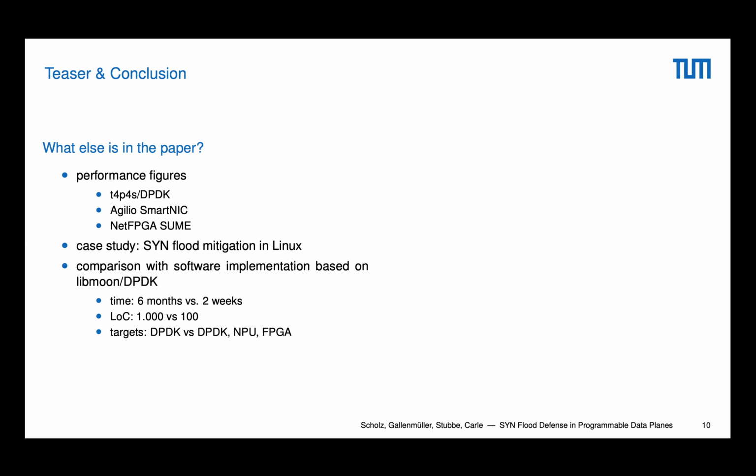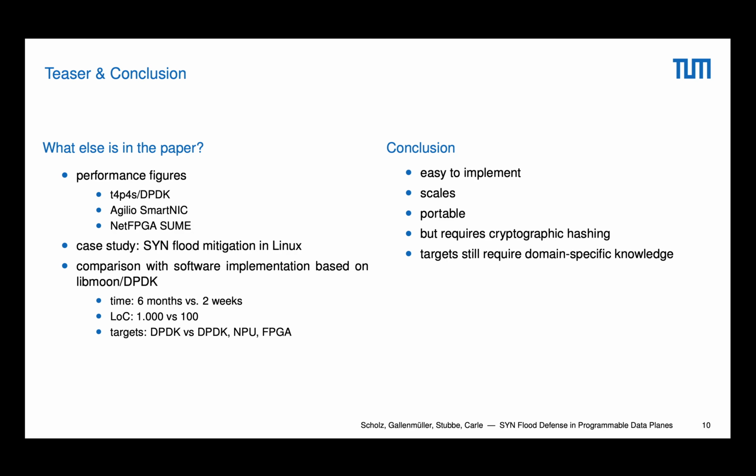Now, to conclude my talk, I want to say that SYN mitigation using P4 and programmable data planes is not just possible, but it's also surprisingly easy to implement. And because it's P4, it also scales nicely, because you can just get some more potent FPGA that is, for instance, for 100 gigabits, and then you have a solution that works for 100 gigabits.